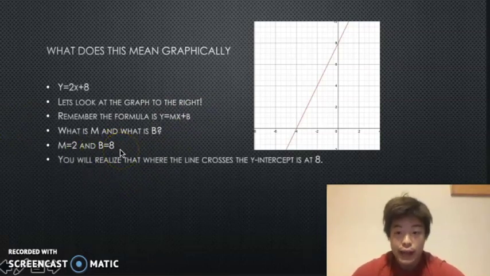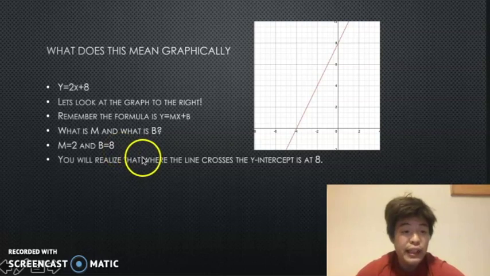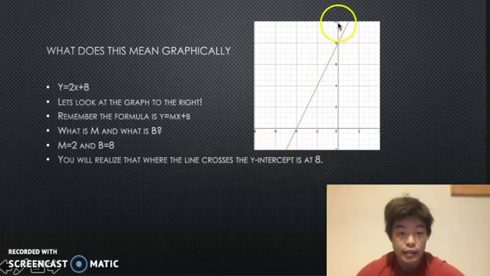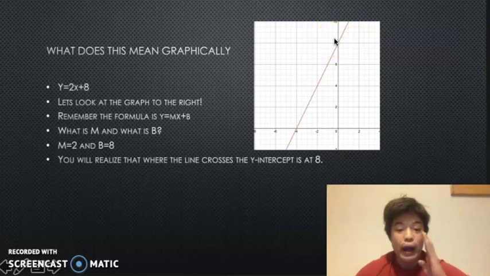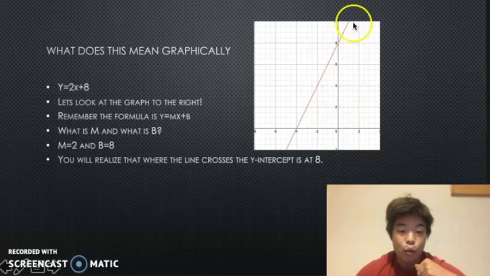Let's break that down. You will see that where the line crosses the y-axis is at 8. So that tells us what b is. b is wherever the line crosses the y-axis; that is the y-intercept.